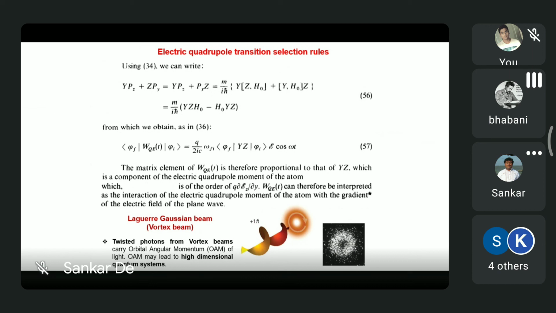If I act on phi_i, I get EI. See, we do not know how YZ operates, but H0 operates and gives the eigenvalues EI and EF.